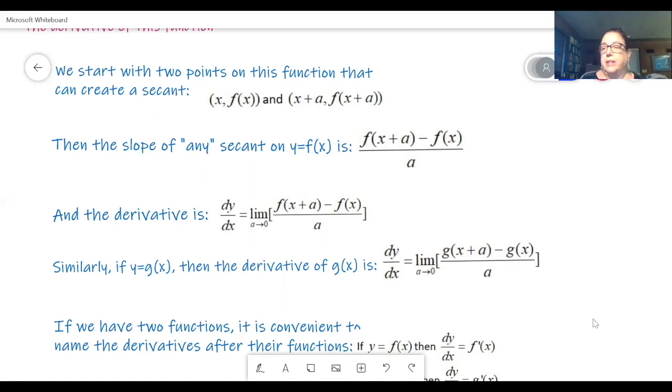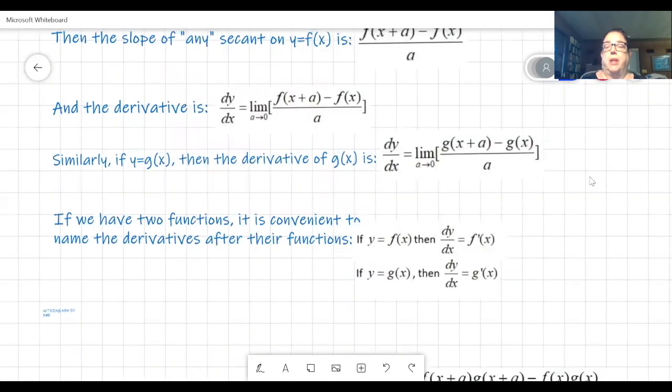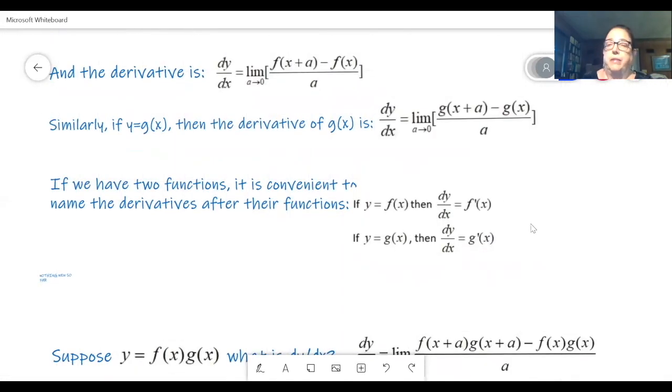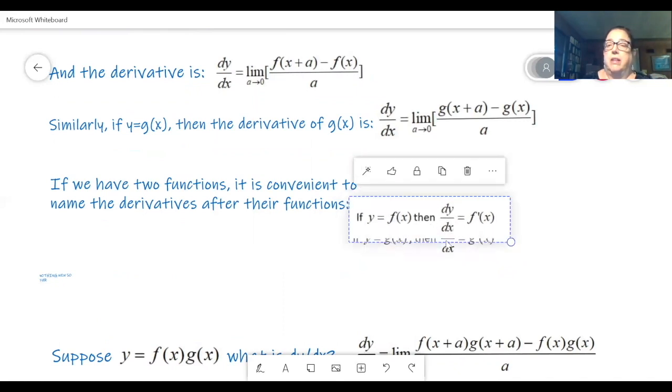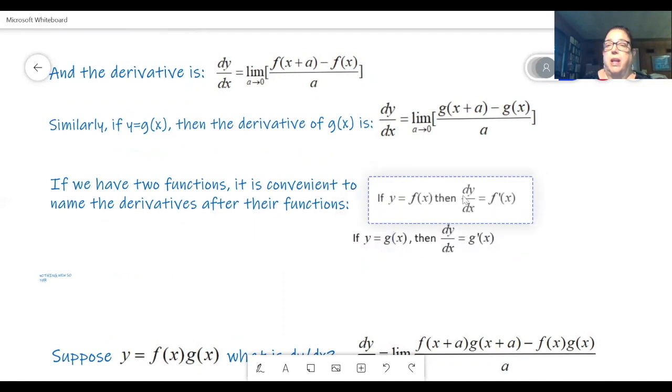Okay, so now let's get to the problem at hand. We're going to look at a product of 2 functions, f of x and g of x. And we're going to change what we call them here because it's a little inconvenient to call all the derivatives dy dx when you have different functions.